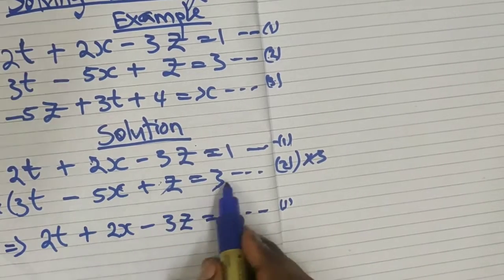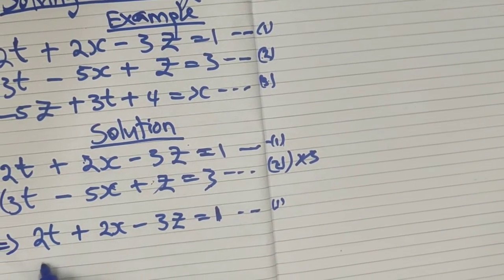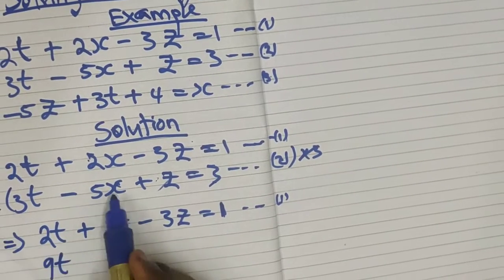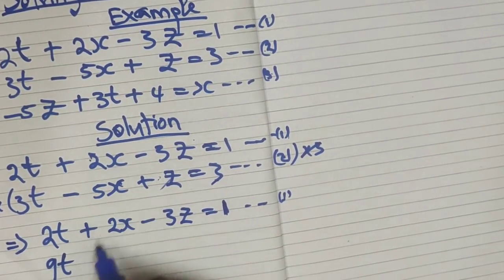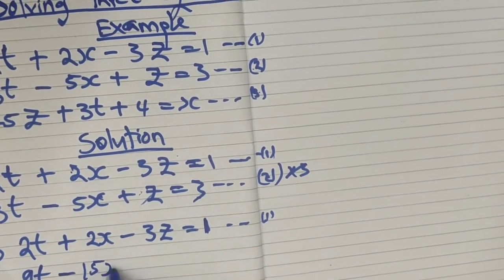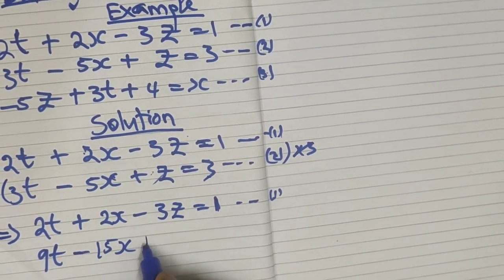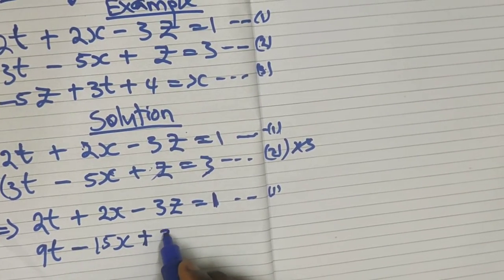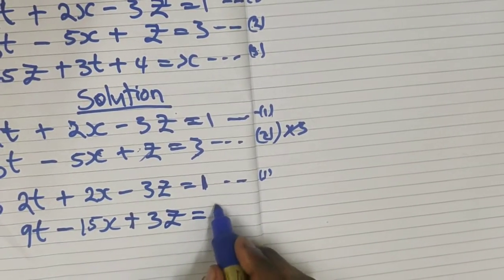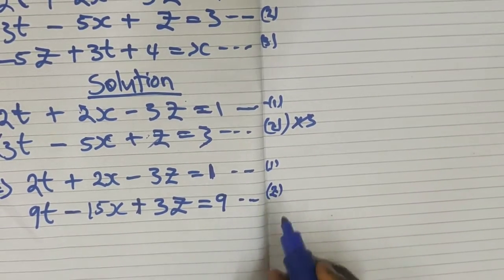Now when we multiply equation 2, we are going to have 3 times 3t is 9t. 3 times negative 5x is negative 15x. And 3 times z is plus 3z, equals 3 times 3, which is 9. So this becomes our equation 2 now.